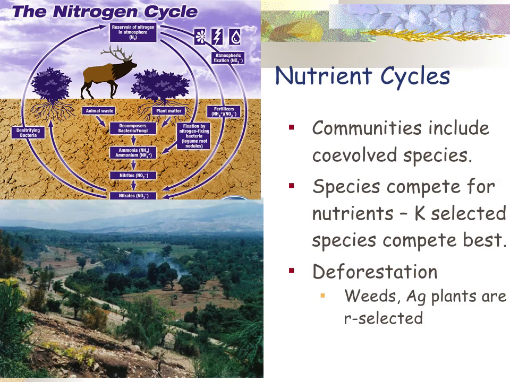And we know that species compete for them, and the large, long-lived species are the best competitors. They're the best at this, and this means trees. And so when we deforest areas, we usually lose a lot of nutrients. And agricultural plants are not like trees in that they need a lot of help getting those nutrients. And so for us, this is a big concern.